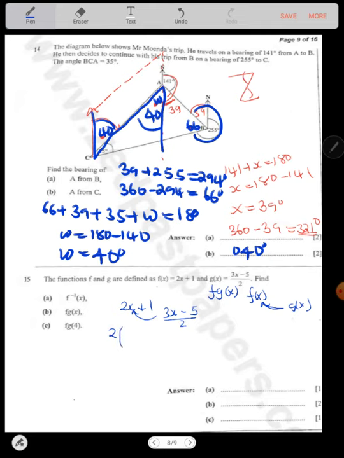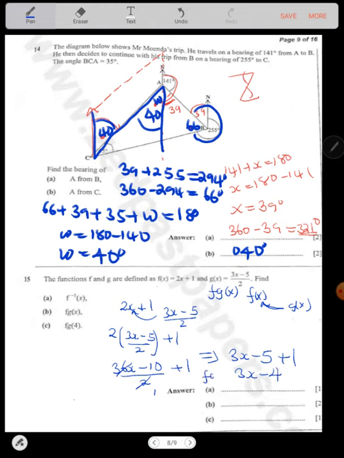So this will be 2 open brackets, this is 3x minus 5 over 2, then plus 1 this side. Then 2 times 3, you get 6x. 2 times 5, you get negative 10. Is over 2 plus 1. Then you are going to get, when you reduce, 2 there is 1, 2 there is 3. You get 3x minus 5 plus 1, which is 3x minus 4 as f of g.